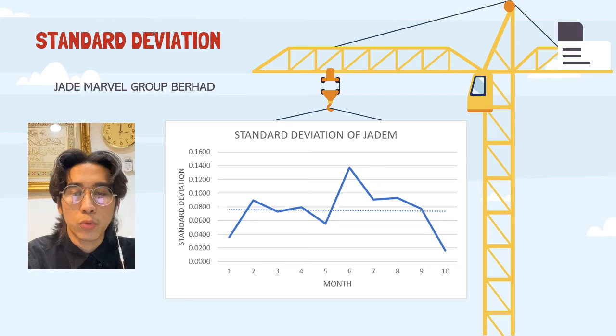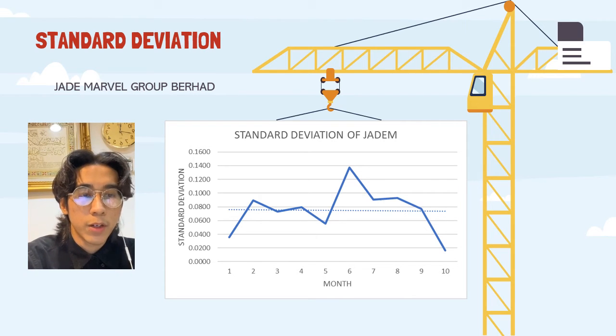Now we move to the standard deviation for Jade Marvel Group Berhad. Based on the standard deviation graph for Jade Marvel Group Berhad above, from 4 January to 30 October 2021, we can see that in the early month of January, the graph shows an early positive value but below 1, that is 0.0356.